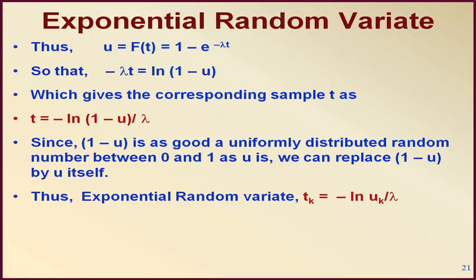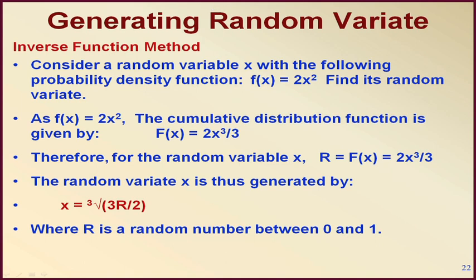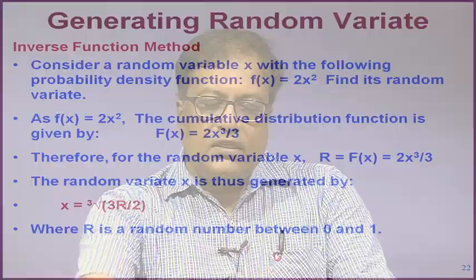Sometimes we may not get a distribution like exponential and all that. Suppose we have got a random variable x with the following probability density function, f(x) equal to 2x square. So, what would be its random variate? You see, interestingly, what we have to do?